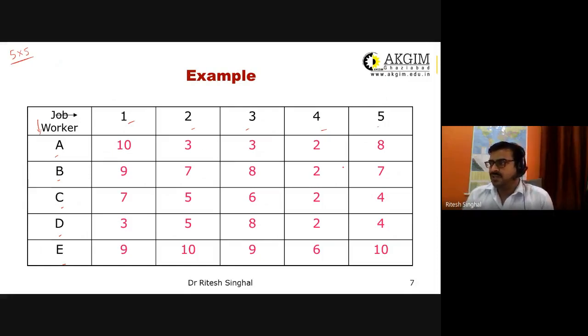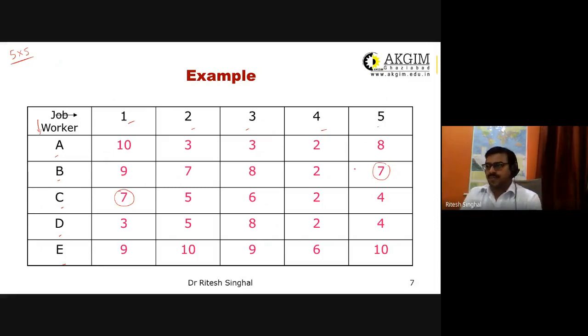These pink color values are nothing but the cost involved in between. For example, if person C is allocated to job 1, then he is incurring a cost of 7 rupees. Similarly, if person B is allocated to job 5, this will involve a cost of 7 rupees.